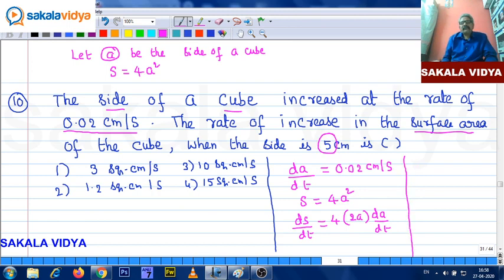That means now you need to calculate ds by dt when a is equal to 5. That means 8 into 5 into da by dt, how much is given? 0.02. That is actually 40 into 0.02.